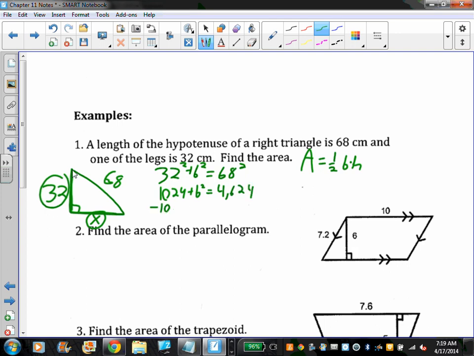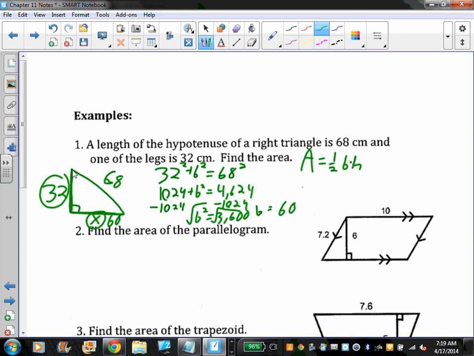So, a good step would be to subtract 1024 from both sides. That gives us that B squared is 3,600. And now that we know that, all we have to do is take the square root of 3,600. So that B squared becomes B, and we find out that B equals 60. So that's that missing side.